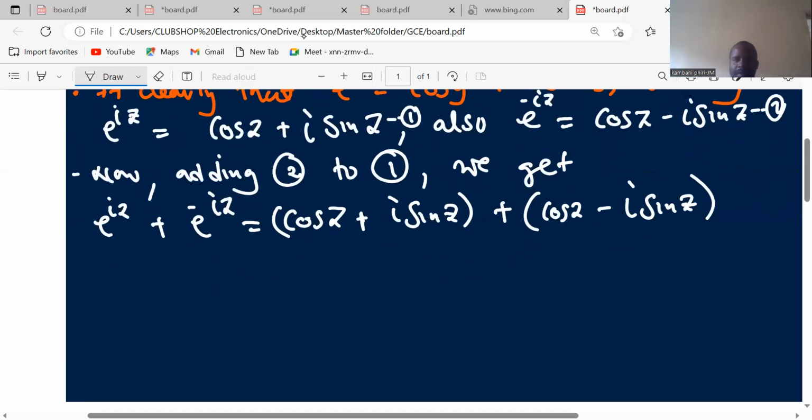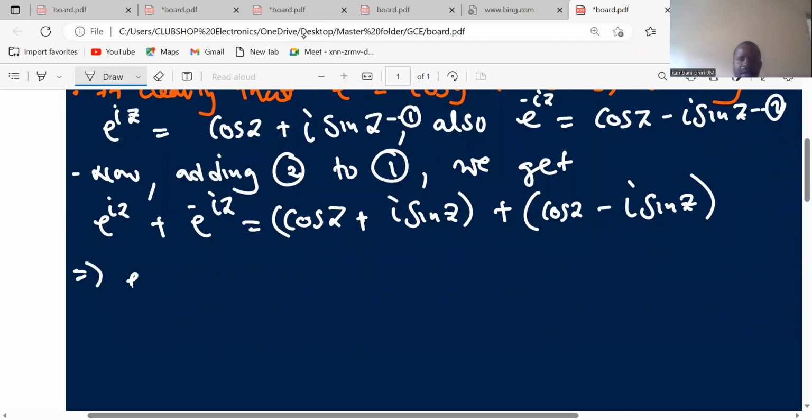So this implies that we have e to the iz plus e to the negative iz, which will be equal to cos z plus cos z. This will be 2 cos z. Then i sin z minus i sin z will be 0.